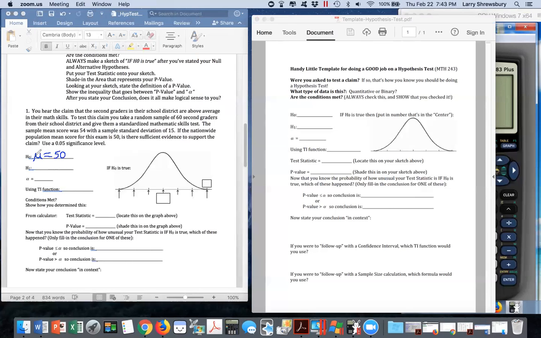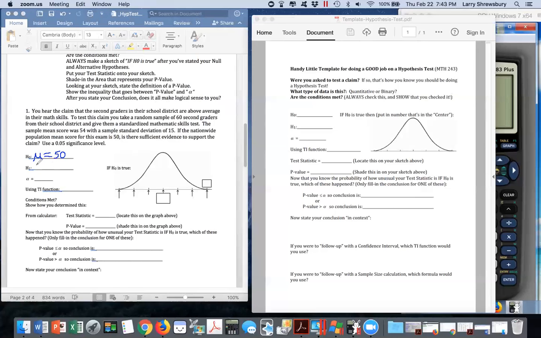Because the null says, look, there's no difference between this school district and the nationwide students. In other words, their population mean is just 50, just like everybody else's in the nation. There's no difference between this district and the whole nationwide population.